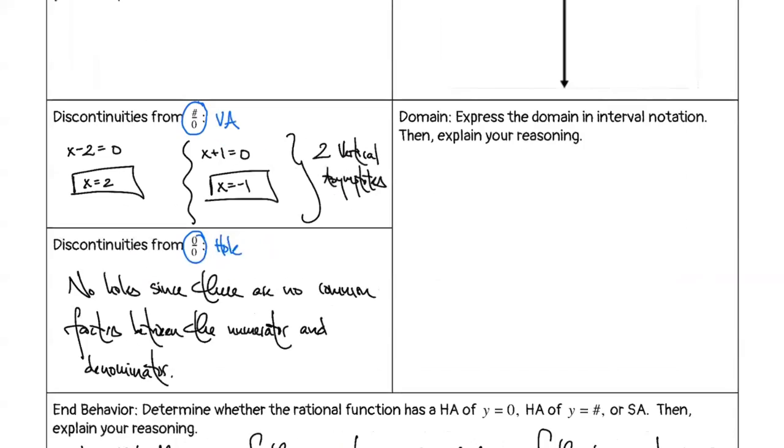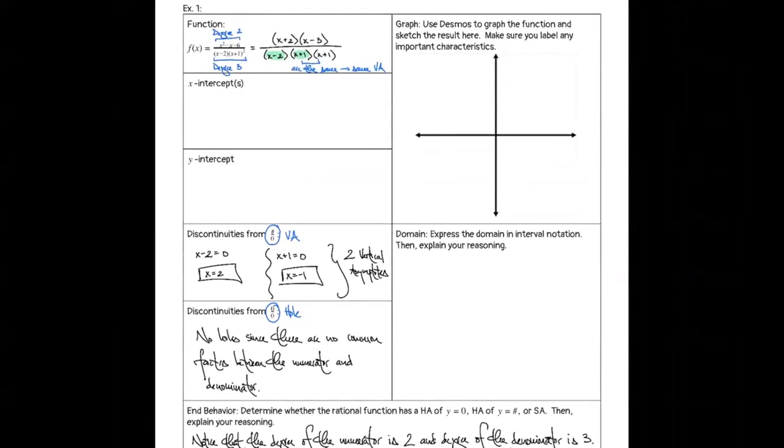Now, let's go ahead and actually talk about the domain next, right? I don't know how this group feels yet, but I feel like a lot of times as soon as someone brings up domain, people freeze up and they're like, I don't know. But keep in mind that a domain is just talking about the x values that you can have in your function, okay?